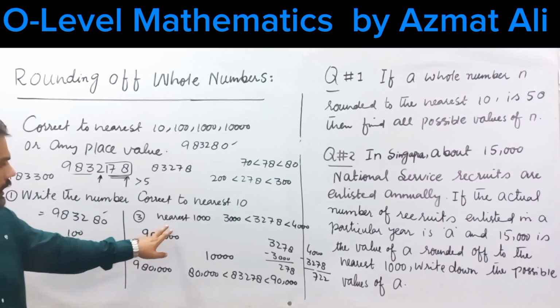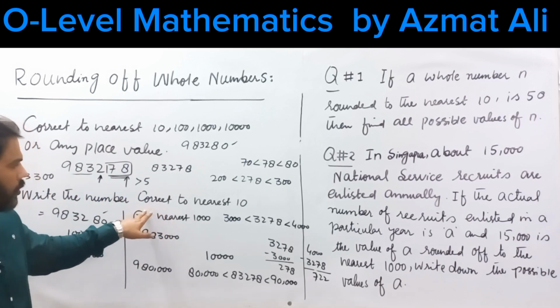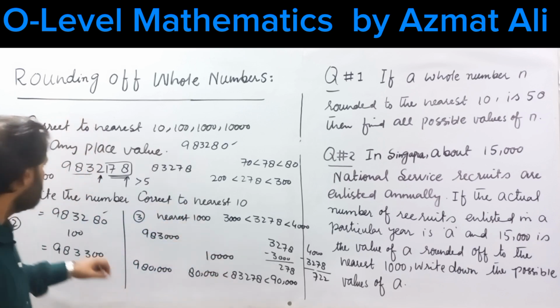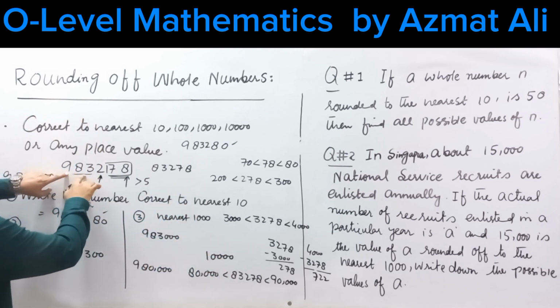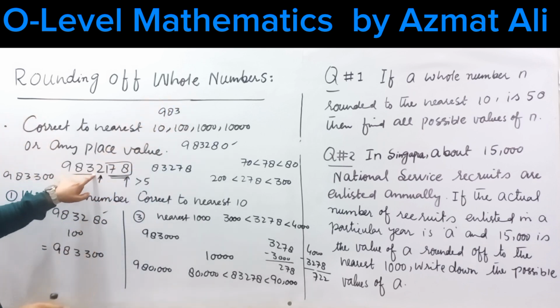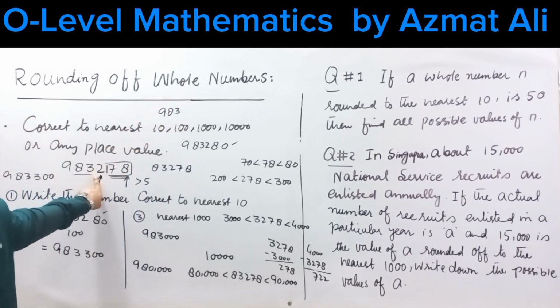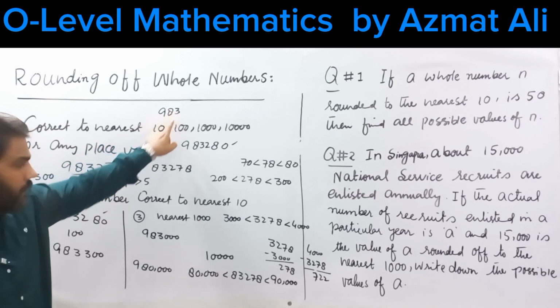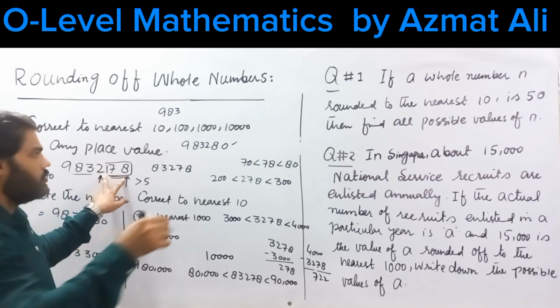So now the number correct to the nearest 1000 is: the first three digits are the same, that is 983. Because the number at the 100th place is 2, which is less than 5, we will not increase this 3 to 4. So 3 will remain 3, and the last three digits will be 0.